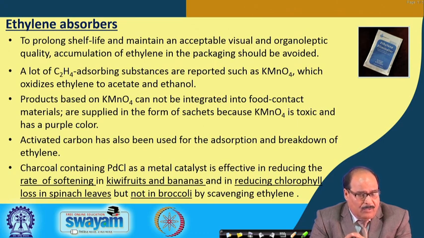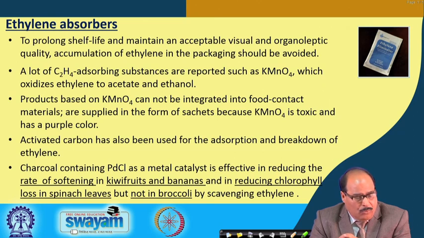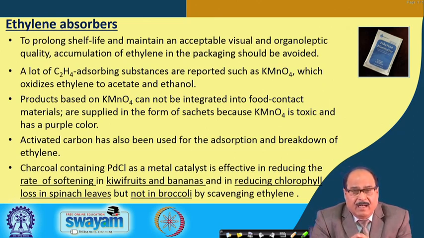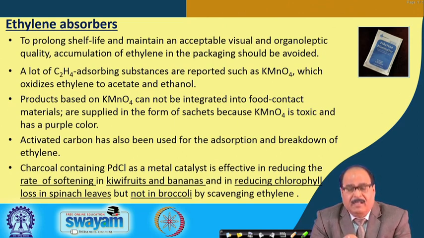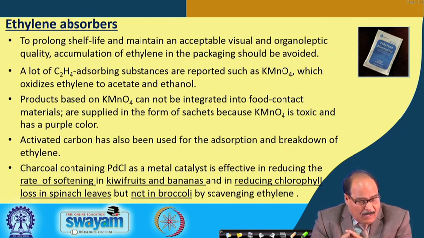A lot of ethylene-absorbing substances are reported, like KMnO4, which oxidizes ethylene to acetate and ethanol. Products based on KMnO4 cannot be integrated into food contact materials. They are generally supplied in the form of sachets because KMnO4 is sometimes toxic and it has a purple color.